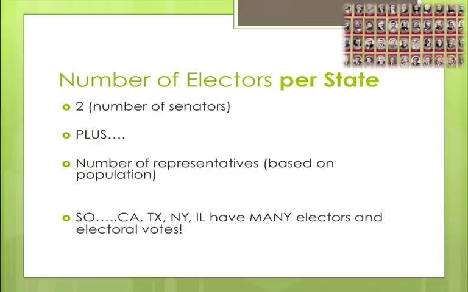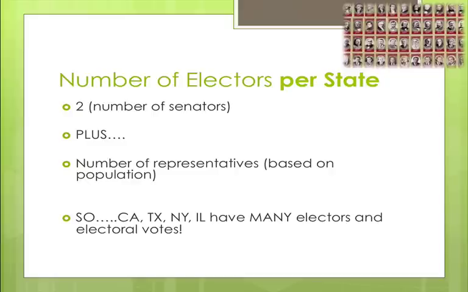Well, the equation goes like this. Since every state has 2 senators, we have that number 2. Then we take each state's number of House of Representatives members and add it to 2. For example, right now, Colorado has 9 electoral votes. That comes from 2 senators plus 7 House of Representatives members. That's how we get 9 for the state of Colorado for right now.